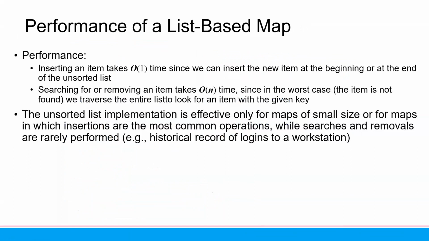If we use the list-based map, the performance is, when we insert an item, it will take O(1) time, since we can insert the new item at the beginning or at the end of the unsorted list. As I mentioned to you, in the map, we do not care about the sequence.